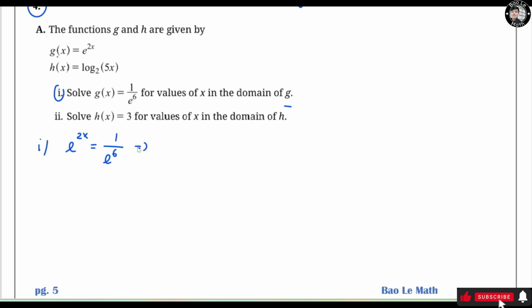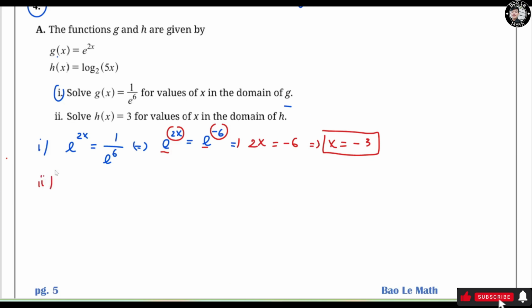So e to the 2s equals e to the negative 6, right? Since both have the same base, we just equate the exponents, right? So 2s equals negative 6 and then s equals negative 3, right?